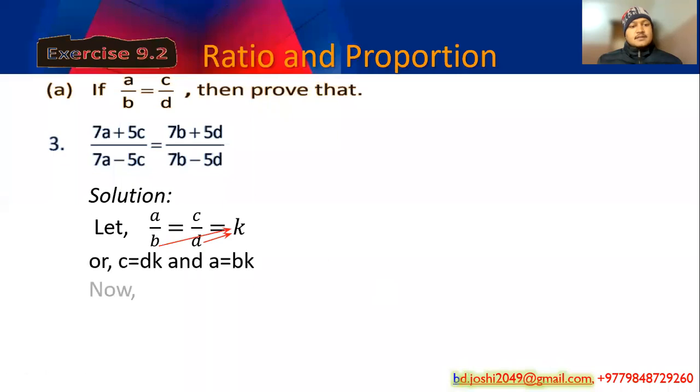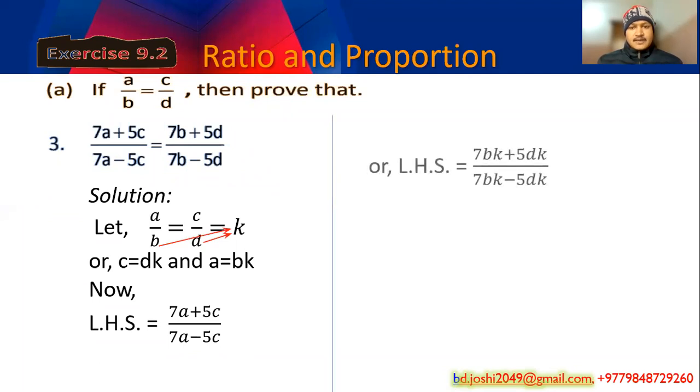Then we can take the left hand side, which is 7a plus 5c divided by 7a minus 5c. Now put the values of a and c. So the value of a is bk and the value of c is dk.